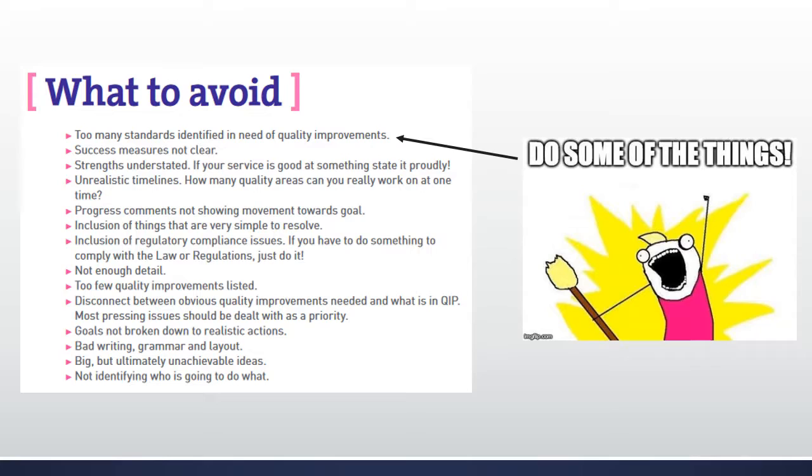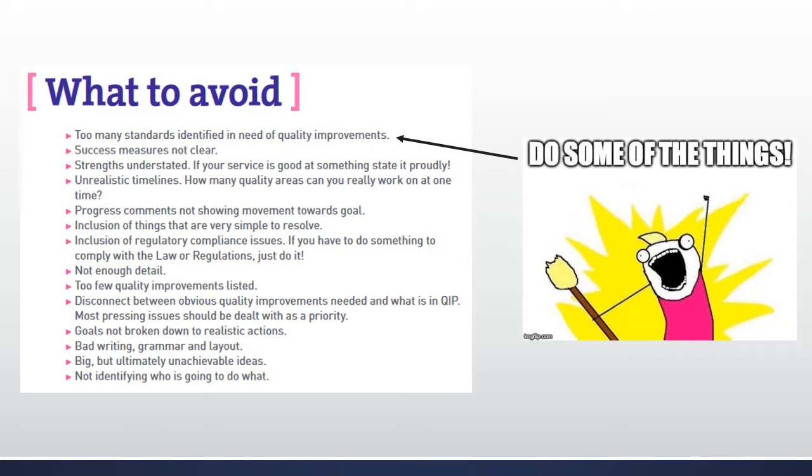Then other things to avoid is the disconnect between obvious quality improvements needed and what is actually in the QIP. So I guess if you walked into our service and had a quick look through our portfolios, and saw the lack of the planning cycle and things like that, if that wasn't evidenced in our QIP as something that we need addressing education-wise, that's where they would start seeing a disconnect, or our lack of sustainability efforts.